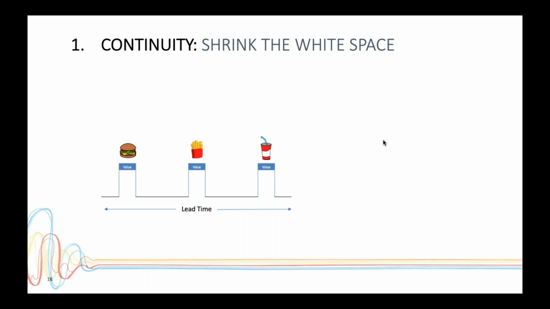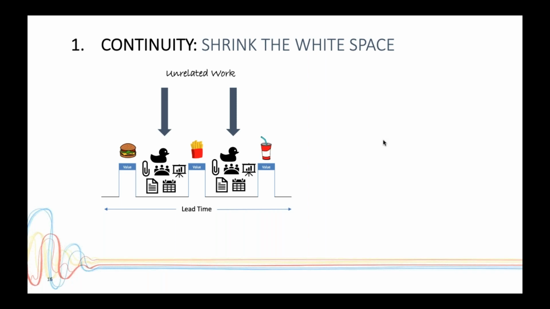And when you say this, people then say, well, I'm not just sitting around doing nothing. It's not like I do my work and then wait. What happens is that we insert unrelated work into these white spaces, and we end up multitasking and getting very, very busy. And this leads to kind of chaos and different priorities and the kind of frenetic resource efficiency that we see in offices all the time.